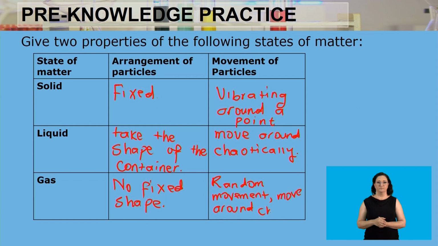Also, we can just write it underneath here. So same as the liquids, they just move around chaotically, and then they just move around in a random order. There's no specific movement for the gases, and also they don't have a specific shape, that is the gases.